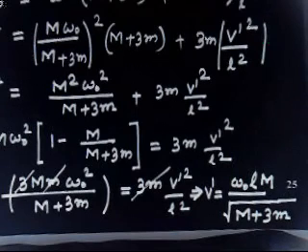And of course, these two velocities are perpendicular to each other. One is in the radial direction, the other is in the tangential direction. Since they are perpendicular, I can find the resultant easily, v1 square plus v2 square, or v radial square plus v tangential square. So now I know the total velocity of the sleeve. So I can easily write the kinetic energy of the sleeve plus the kinetic energy of the rod, and equate with the initial kinetic energy of the system.